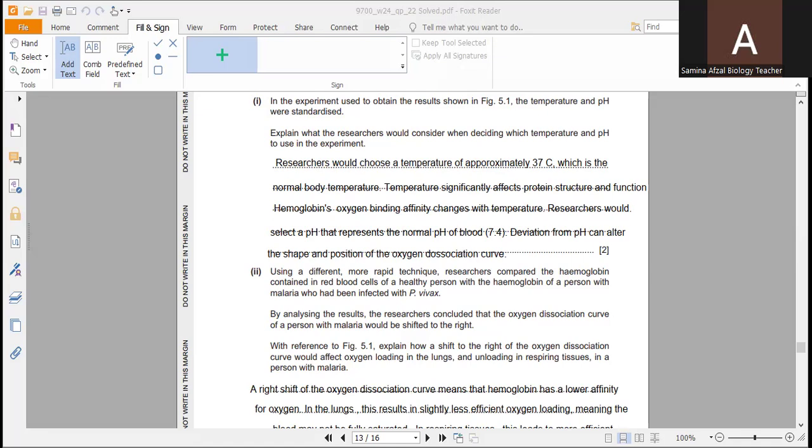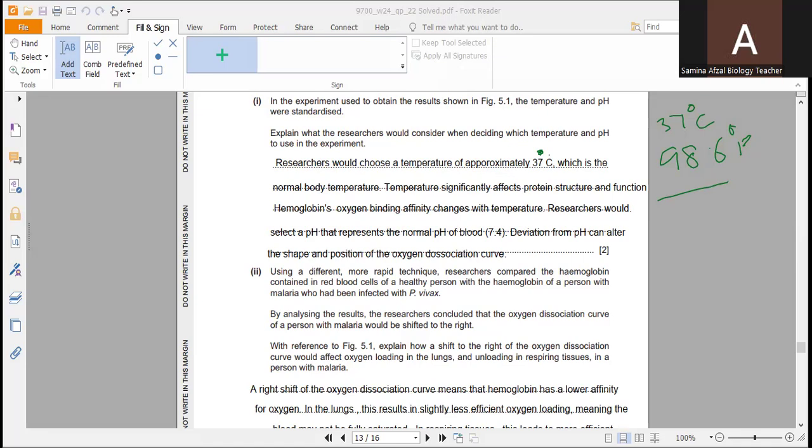As you know, the normal human body temperature is 37 degrees centigrade, or 98.6 degrees Fahrenheit. This normal body temperature ensures that the hemoglobin behavior is studied under conditions that are relevant to how it functions in the body.